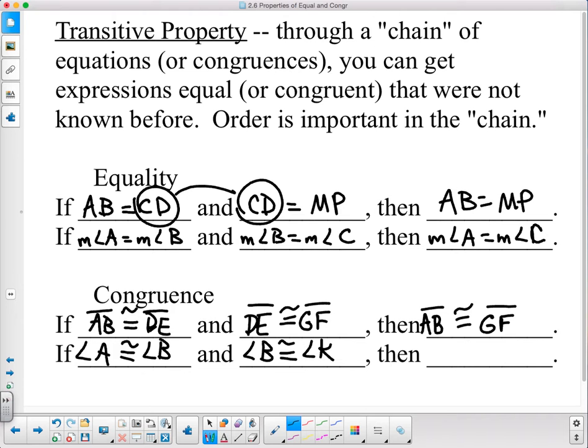All right. Put those together, Allie. What do we come up with? Angle A will be congruent to angle K. Question on those? How to plug in your notes?